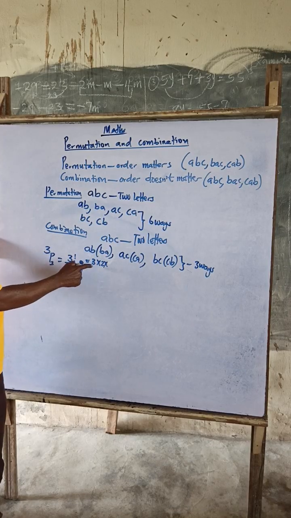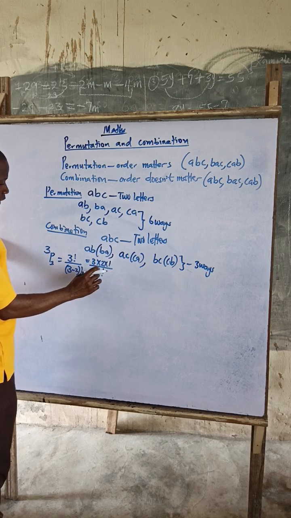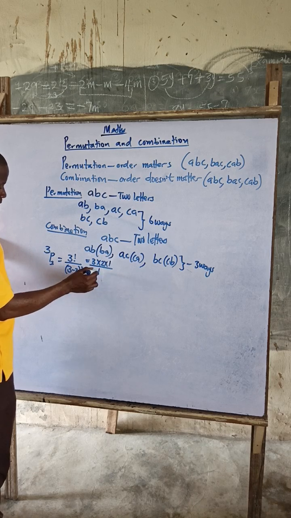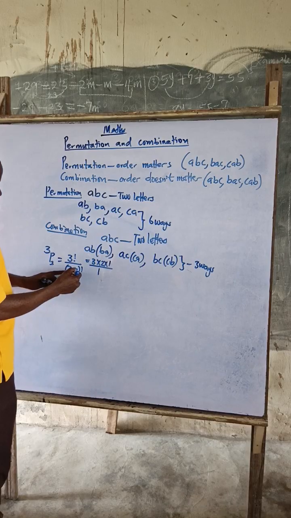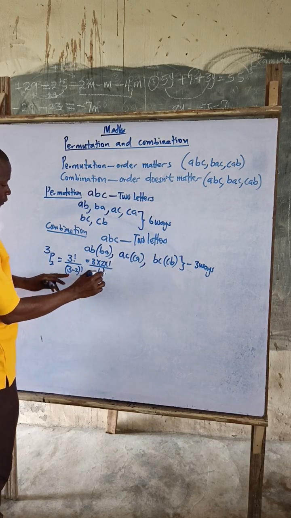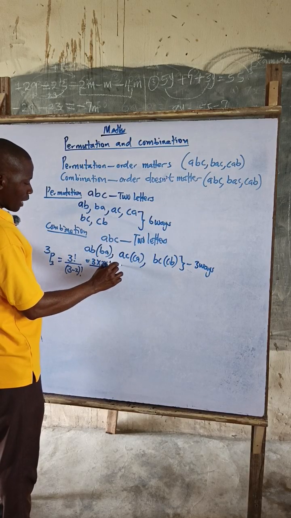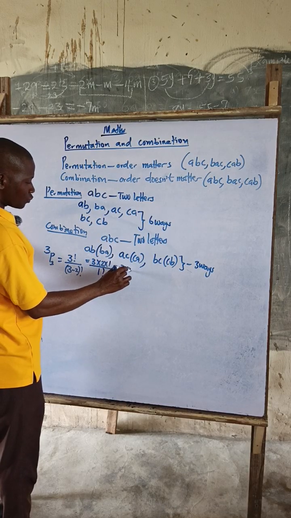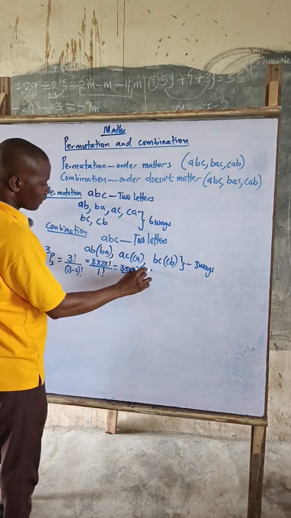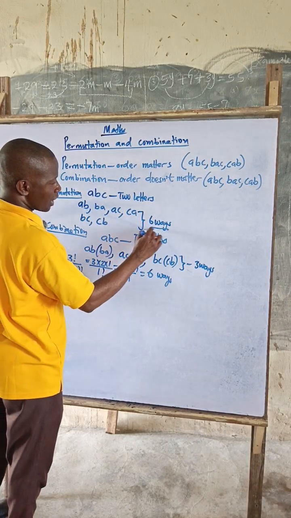So 3 factorial means 3 times 2 times 1, divided by 1 factorial, which is simply 1. That gives us 6, so we have 6 ways, which is equal to what we have above.